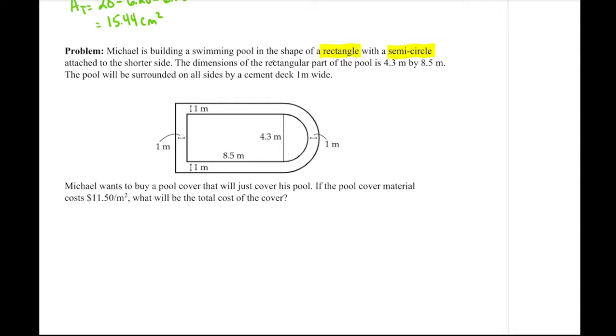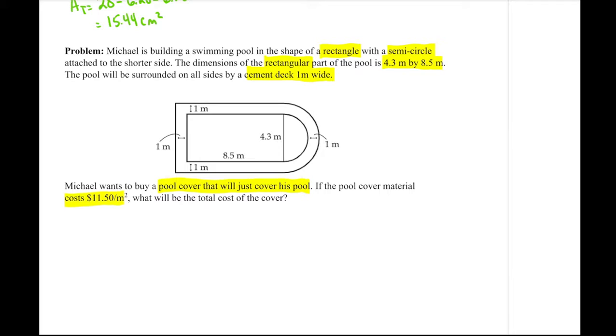The dimensions of the rectangular part are 4.3 by 8.5. The pool is surrounded on all sides by a cement deck 1 meter wide. He wants to buy a pool cover that will just cover his pool. If the pool cover material costs $11.50 per meter squared, what would be the cost?